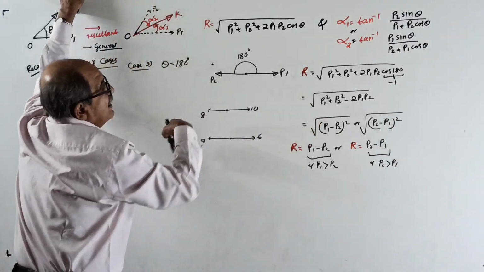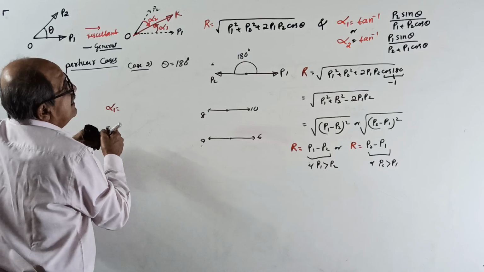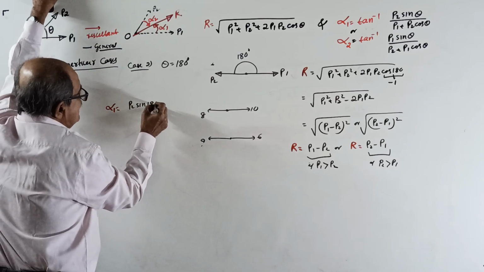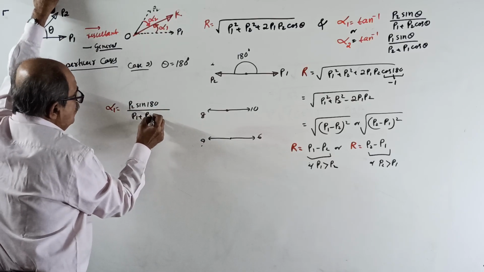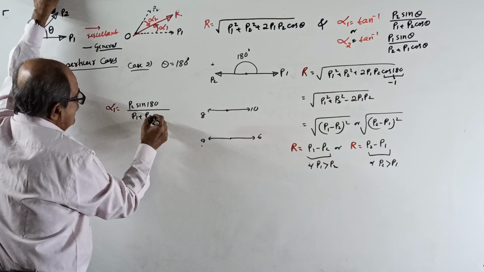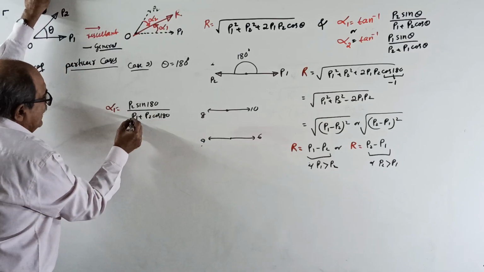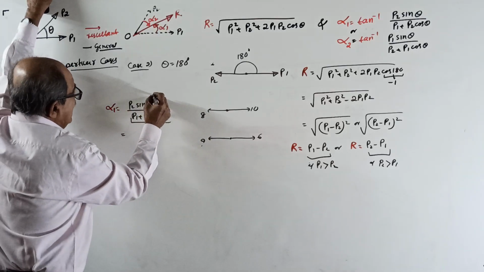For that, take alpha 1, any one angle. Alpha 1 equal to tan inverse of P2 sin 180 divided by P1 plus P2 cos 180. Now, sin 180 is what?